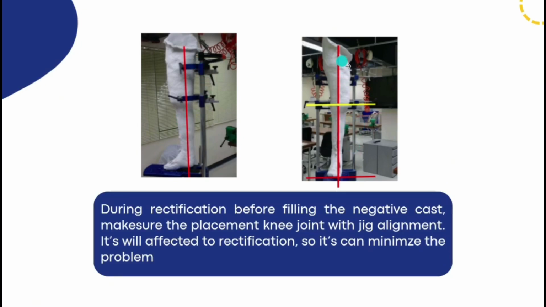And this is for the coronal plane, and this is for the sagittal plane. You can determine or correct whether this is correct or not. You compare with the measurement you took during casting. And for parallel, the knee joint should be parallel.